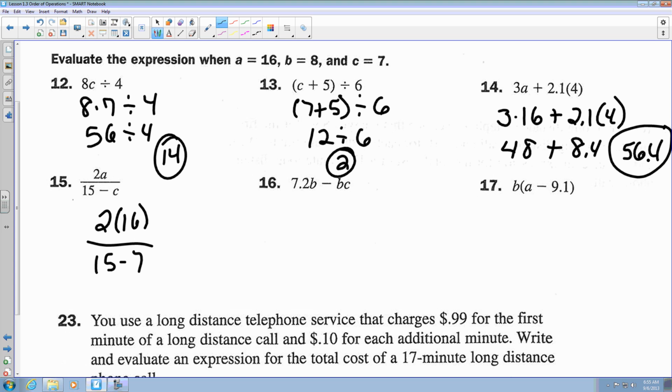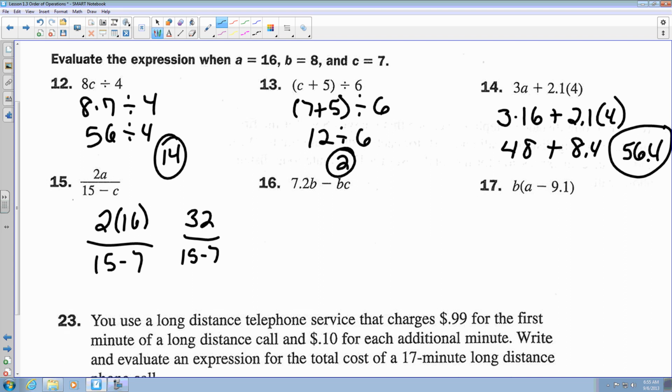I don't have any parentheses to solve, and I have parentheses with 16, but that's all that's inside there. There's no other operation inside those parentheses. I have no exponents, so what I'm going to do first is multiply 2 times 16, which will give me 32, and I'm going to divide it by 15 minus 7.